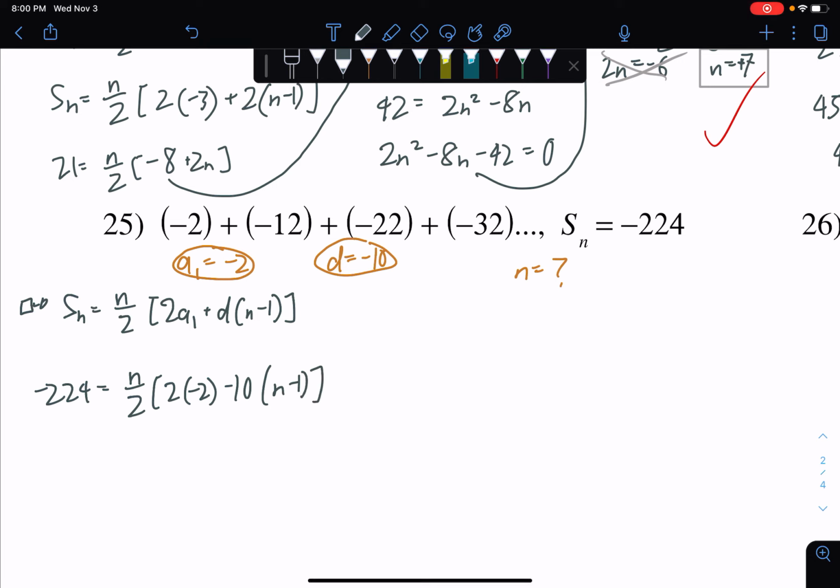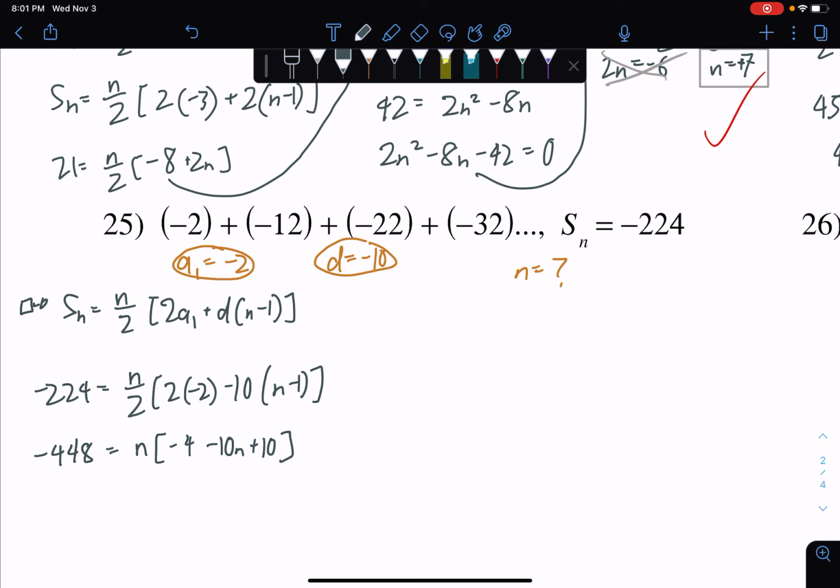Now, multiply both sides by 2. Negative 224 times 2. Our answer is negative 448. And in the right side, we disregard the positive 2. So n times the quantity negative 4 minus 10n plus 10. Negative times a negative is positive.